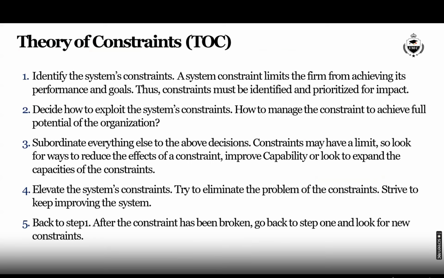Theory of constraints is another area on which a management can take a decision before finalizing an improvement plan. Before coming out with an improvement plan, let us first consider what constraints we have.